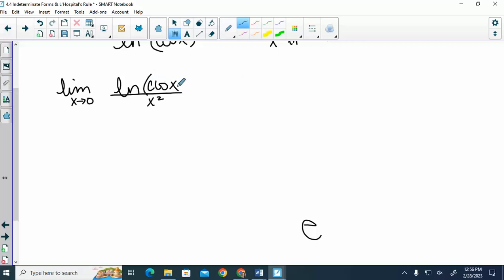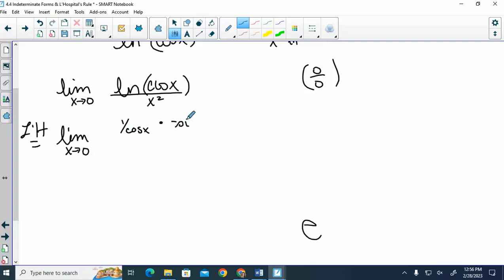Alright, so cosine of 0 is 1. Natural log of 1 is 0 over 0. So that tells me we can now do L'Hopital. Derivative of the natural log is 1 over the argument times derivative of the argument, derivative of cosine, over derivative of x squared, which is 2x.